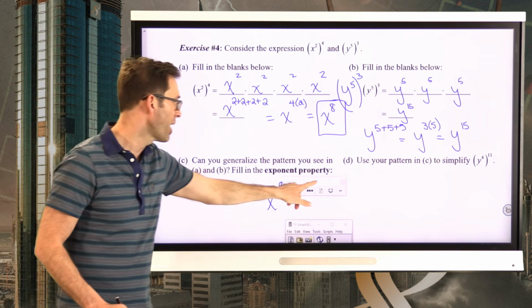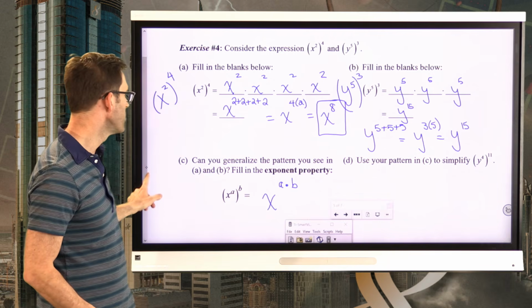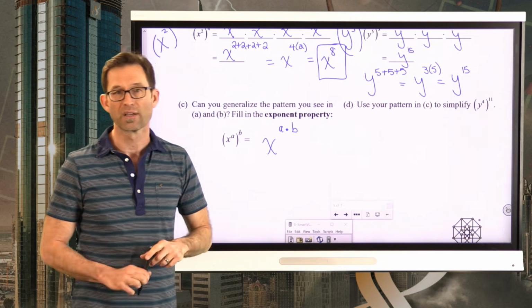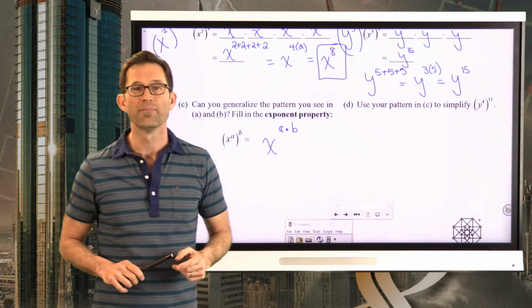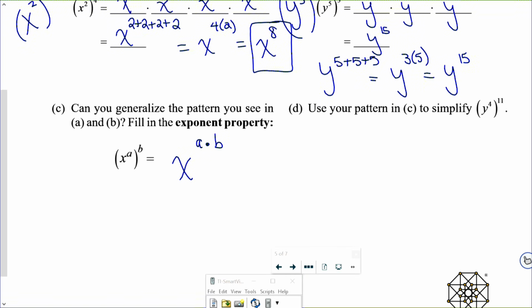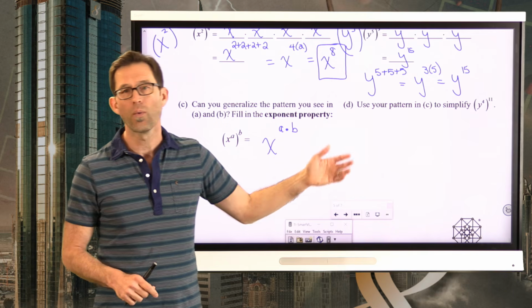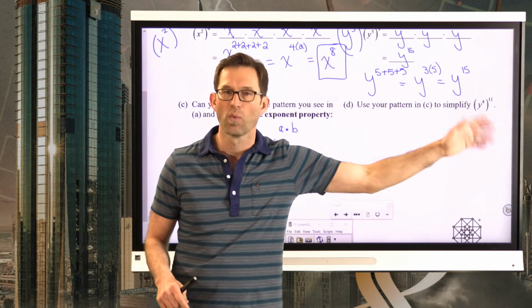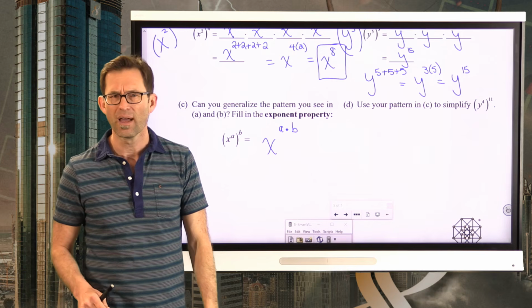So anytime I have something raised to an exponent, which is then raised to another exponent, I multiply the two exponents. Let's apply that in letter D. Use your pattern in C to simplify y to the fourth to the 11th, right? Here's a situation where I wouldn't want to write out y to the 4th times y to the 4th times y to the 4th, 11 times.